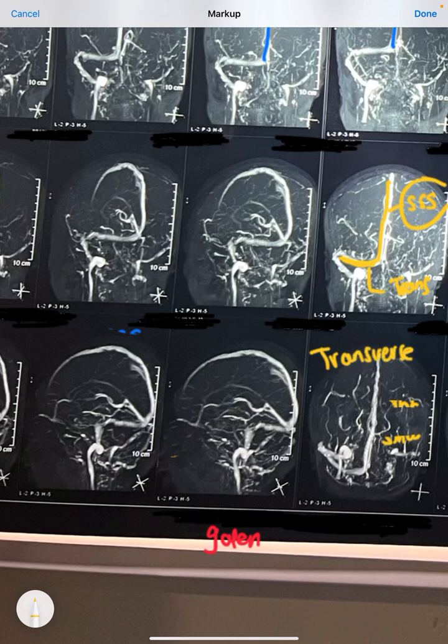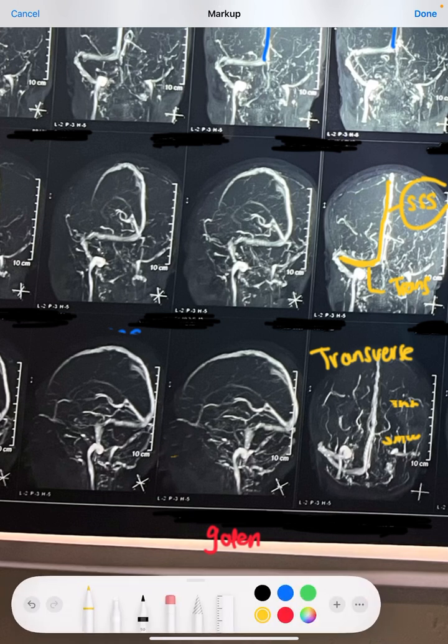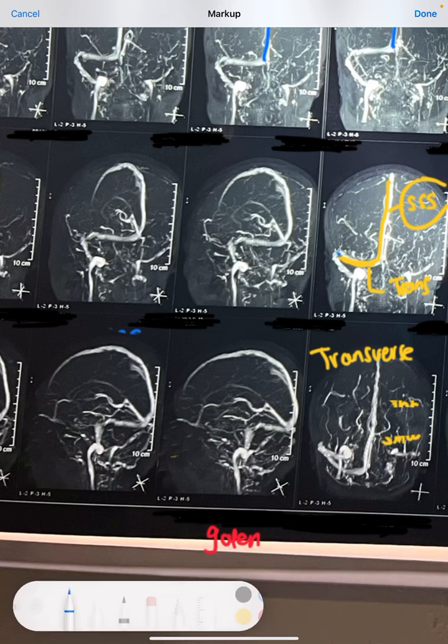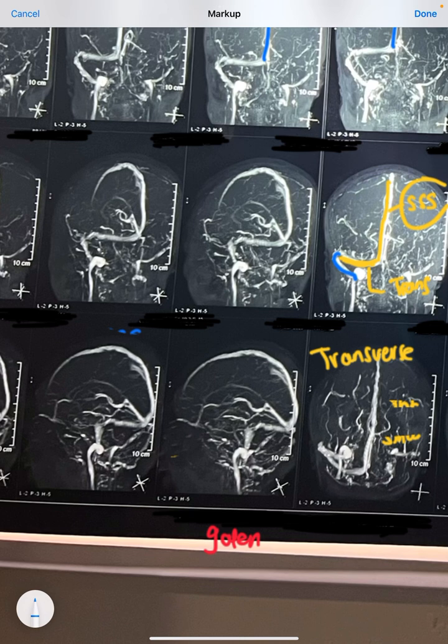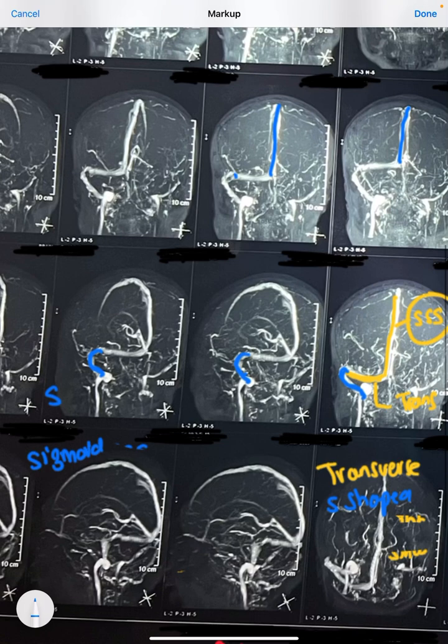Next thing is, this transverse sinus continues as a sigmoid or S-shaped sinus. So we call it sigmoid sinus. We can make it out here as well. So this is sigmoid because this is S-shaped. So we label it as sigmoid sinus. We can trace this here also.